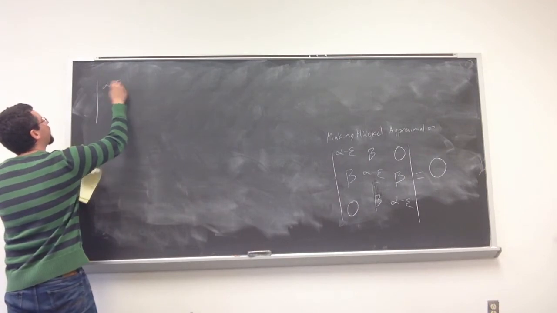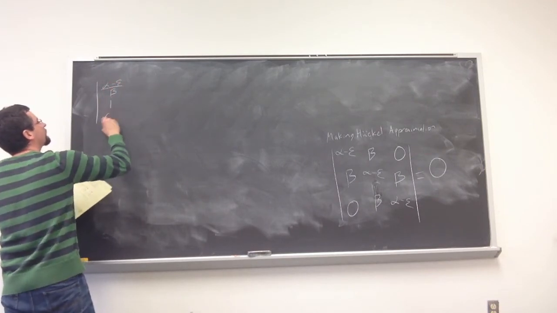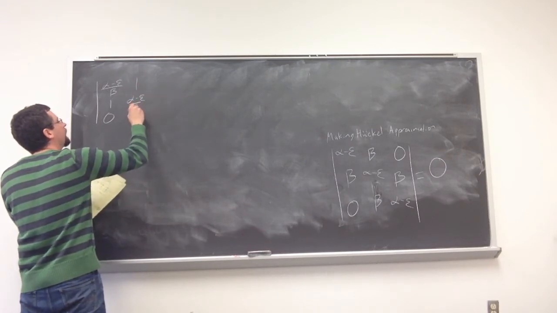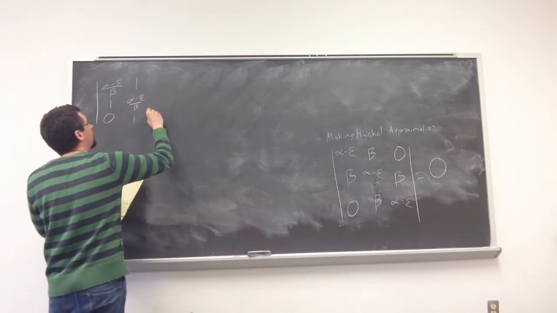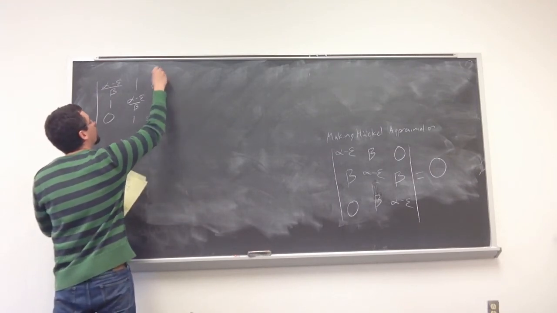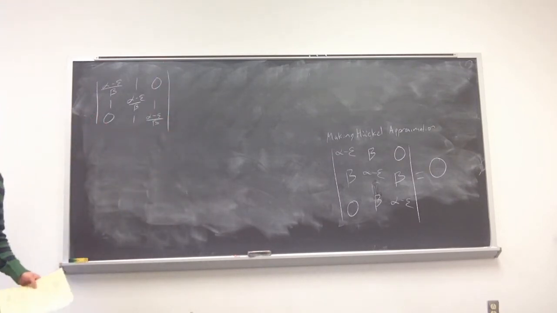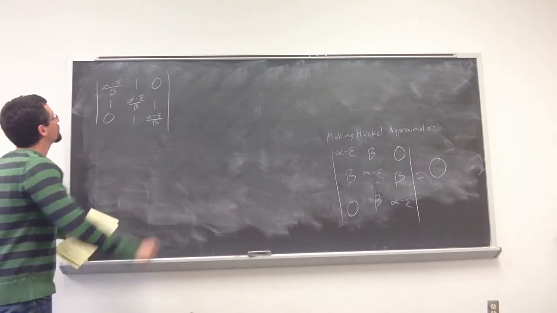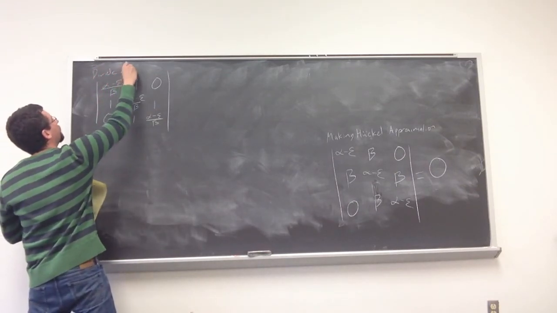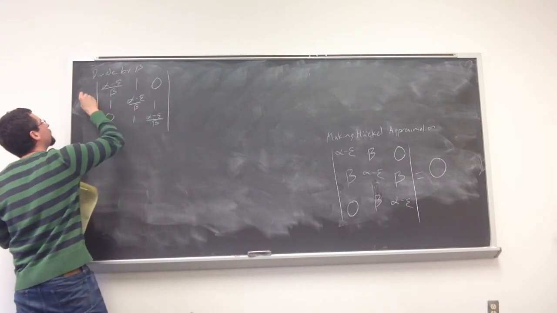In that case, we get alpha minus epsilon over beta, 1, 0, 1, alpha minus epsilon over beta, 1, 0, 1, alpha minus epsilon over beta. So that's what our matrix looks like. So we divided by beta to get to this point.